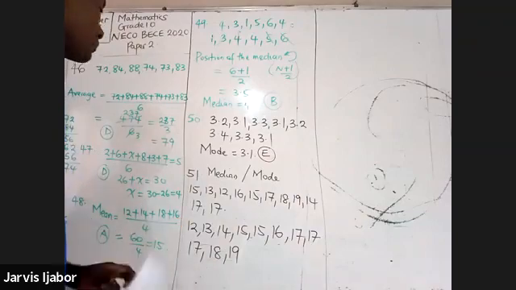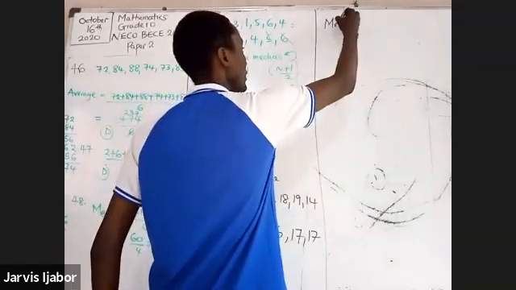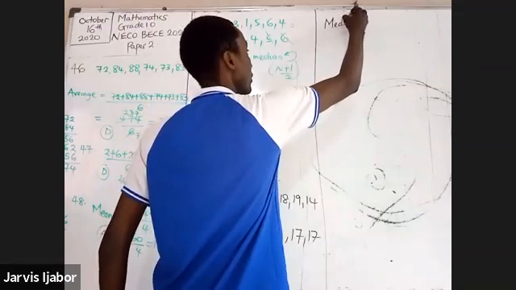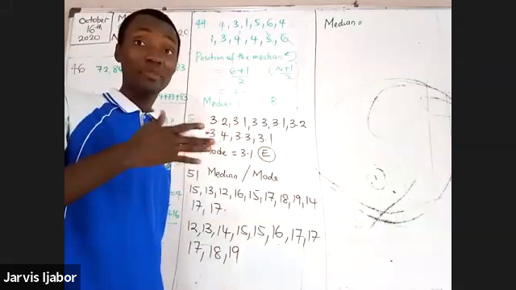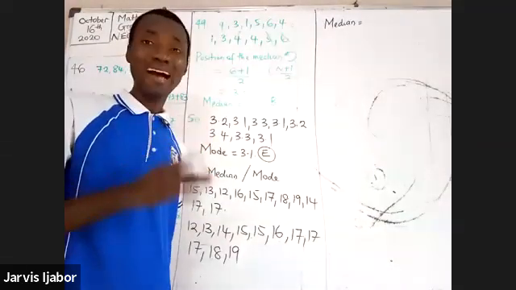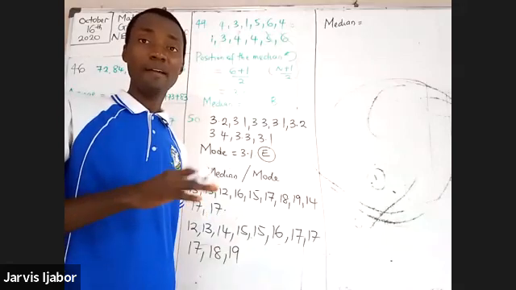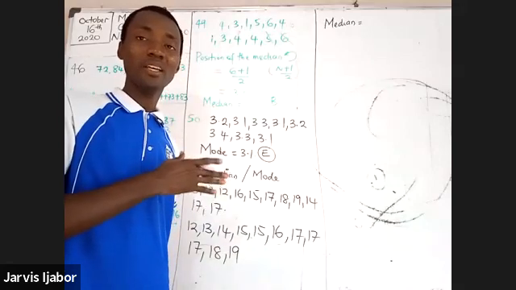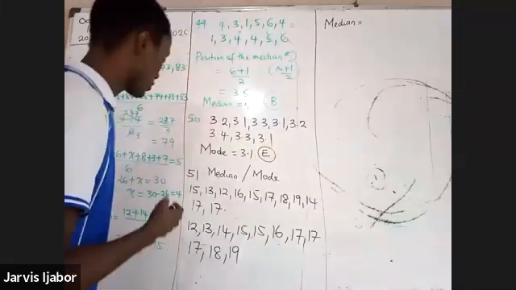Good. Now, the first one says look for the median. What then is the median? We said the median is the number that occurs at the middle, having ranked the numbers. By ranking we mean arranging in ascending or descending order.